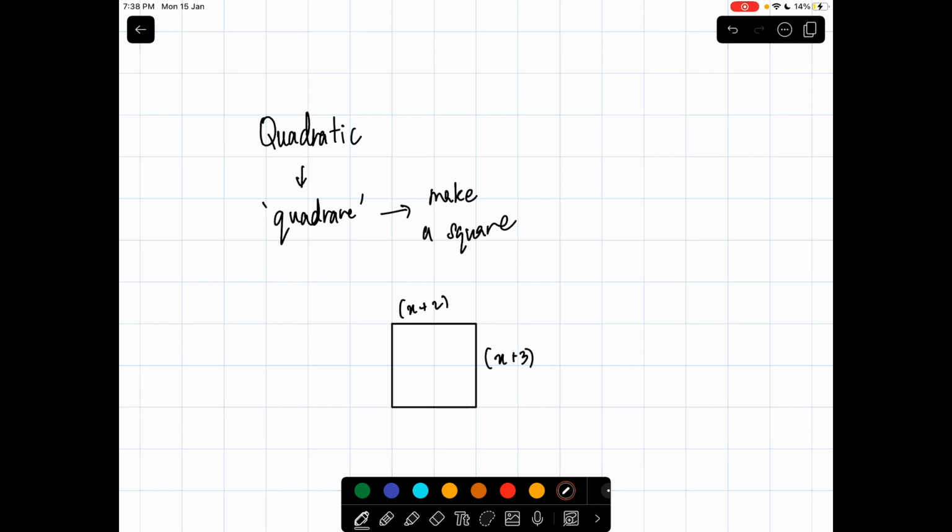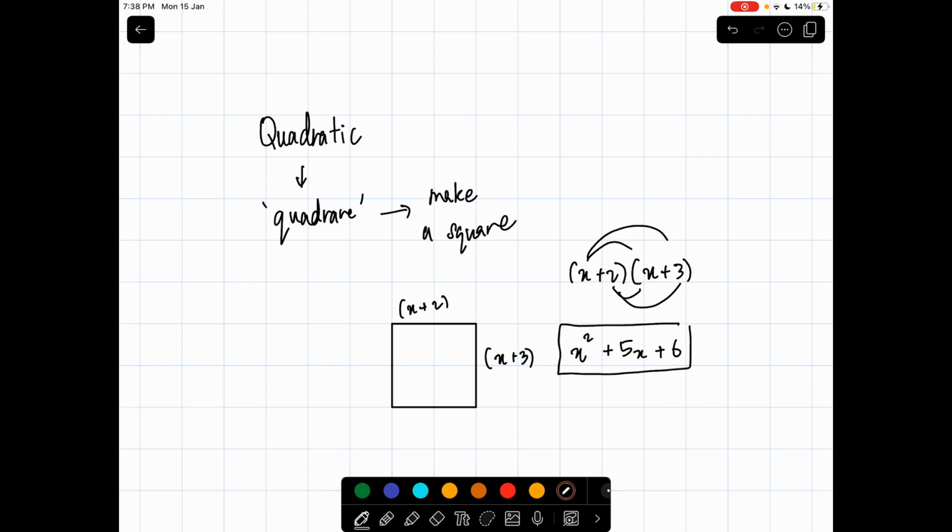And to find the area of this square, what you will do is you will multiply them together. This is something that you already know in Form 3 and Form 2. You learned this under algebraic expression and how to expand, how to factorize and everything. So what we do here is we expand them. So the resulting answer will be x squared plus 5x plus 6.